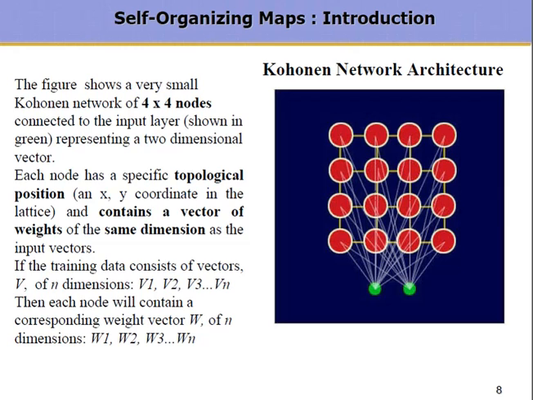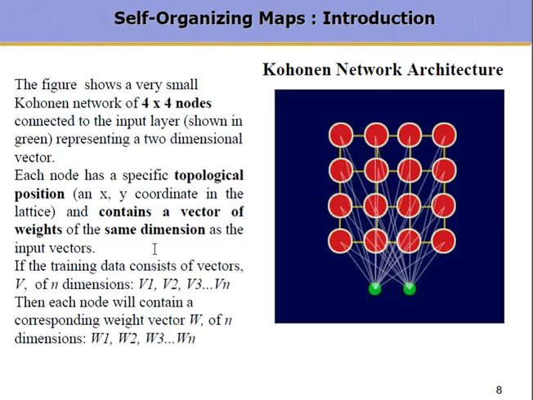And it contains a vector of weights of the same dimension as the input vectors. If the training data consists of vectors v of n dimensions, we can represent them with v1, v2, v3 up to vn. Then each node will contain a corresponding weight vector w with n dimensions, right?